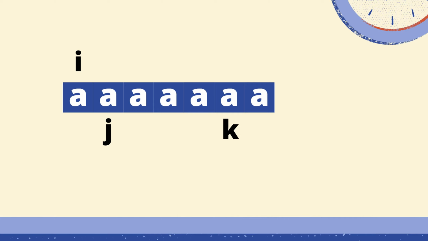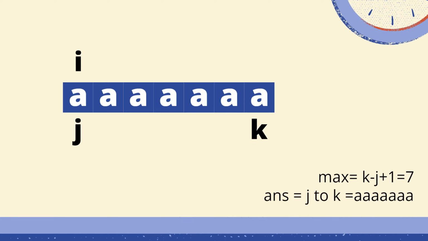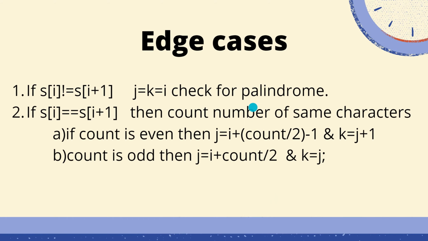As we proceed, the characters are the same, so we will proceed further until we can't check any more or the characters mismatch. So now the max is k minus j plus 1, that is 7, and the answer is all the 7 A's. In case of an even number of continuous characters, our j will point to I plus count by 2 minus 1, and k will point to the next element of j, and we'll do the same thing.